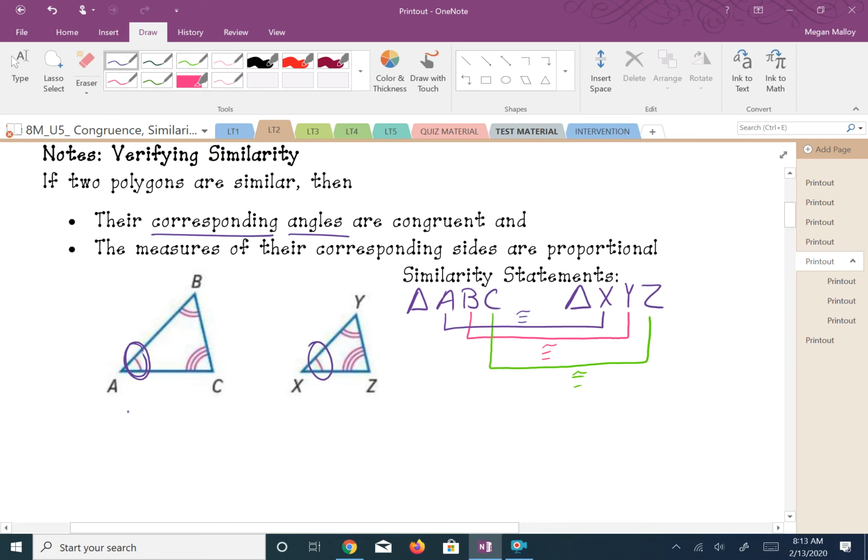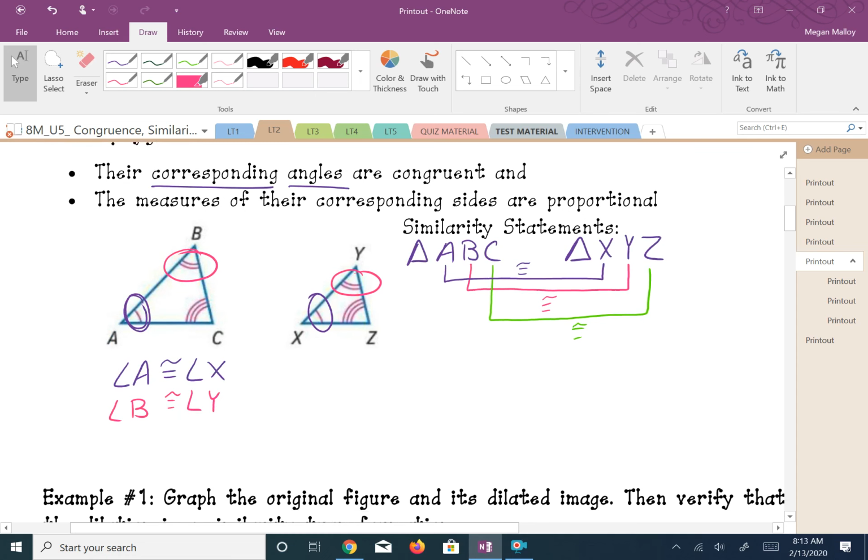So looking at this, we can see that angle A is congruent to angle X, angle B is congruent to angle Y, and angle C is congruent to angle Z, because each of those angles have their own individual arc marking.